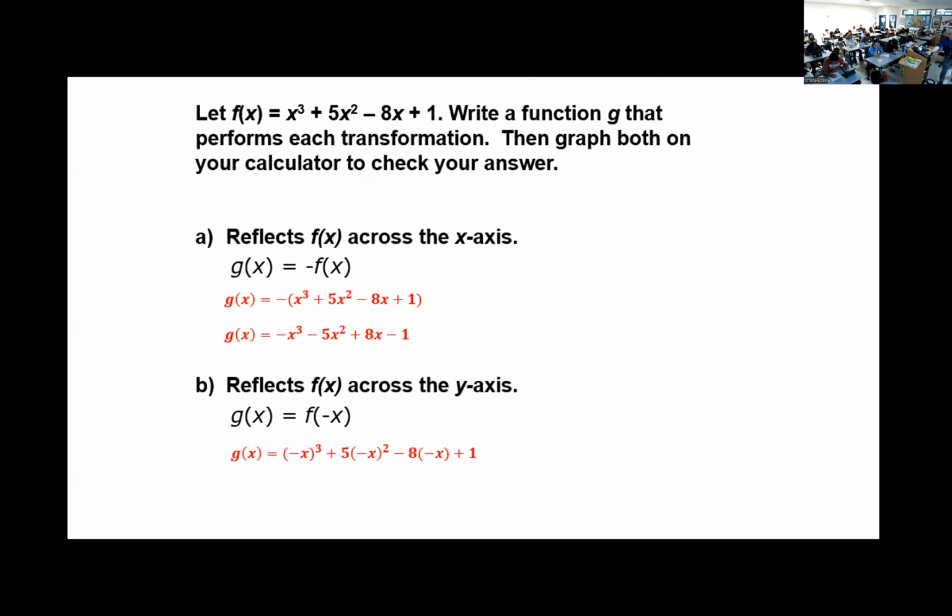So what in effect happens, I've got negative x cubed, so I'm going to change this guy's sign, but negative x squared is the same as x squared. And negative 8 times negative x, we're going to change that sign, and the plus 1, the constant, stays the same. So in effect, I'm just changing the signs of the x cubed term and the x term. Well, what is that going to end up looking like?